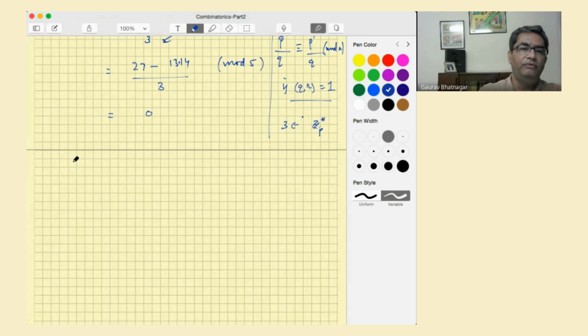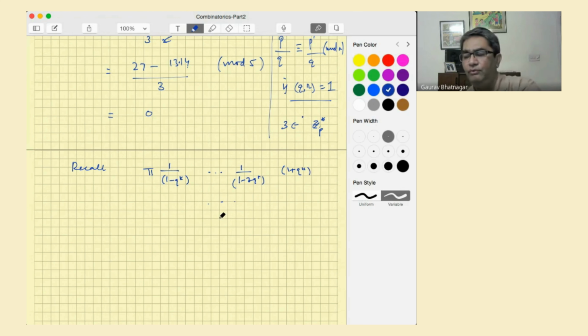You recall what we were doing. We took matrices like this, and there was a sequence. We did 1 minus z q raised to k, we did 1 plus q raised to k, then we did a whole bunch of them. And what we did was we found a matrix A, which was very simple.